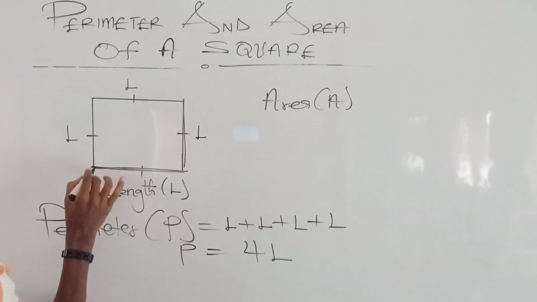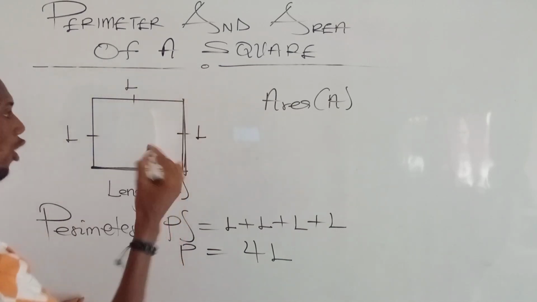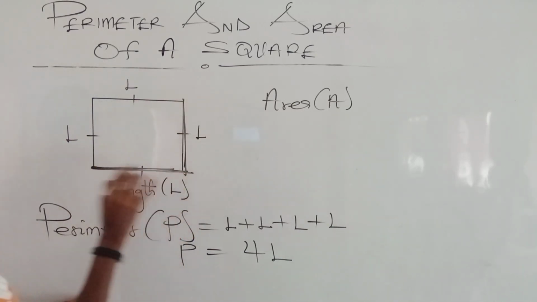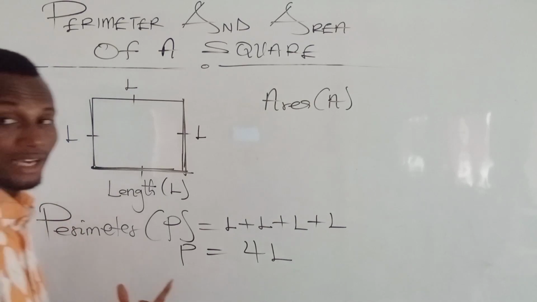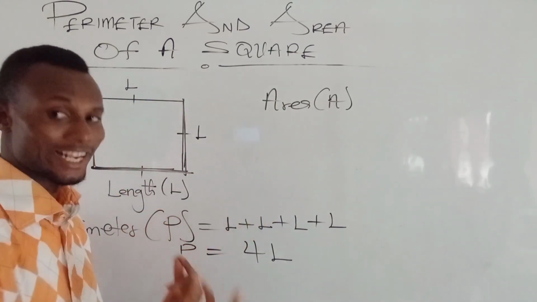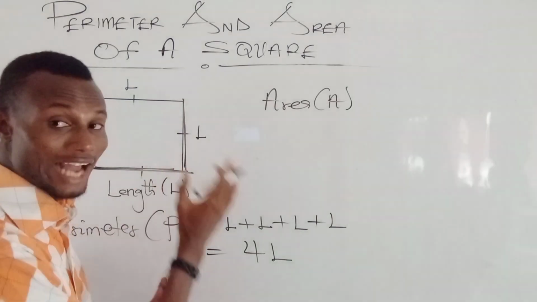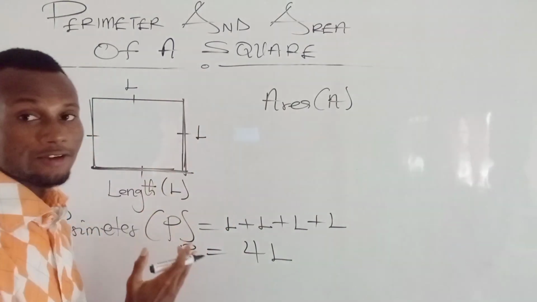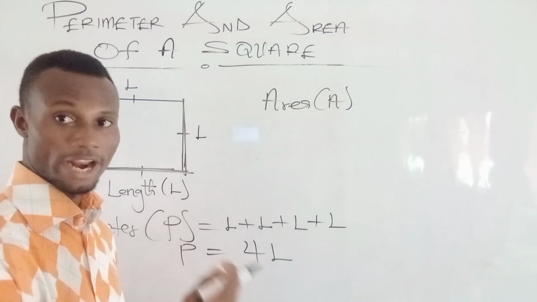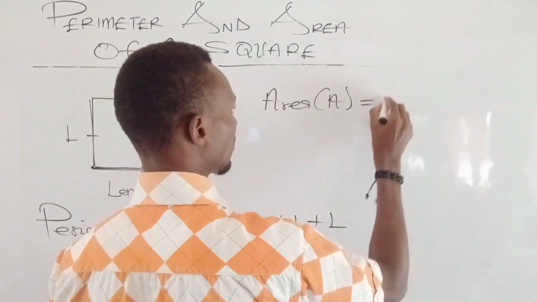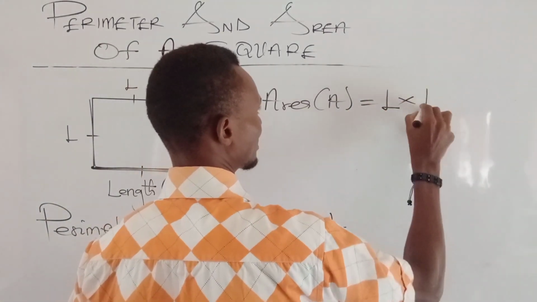So I can pick this side times this side, or I can pick this side times this side. It gives the same thing, since all sides are equal. So you pick one of the horizontal lengths times one of the vertical lengths, and that gives the area. So our area equals length times length.